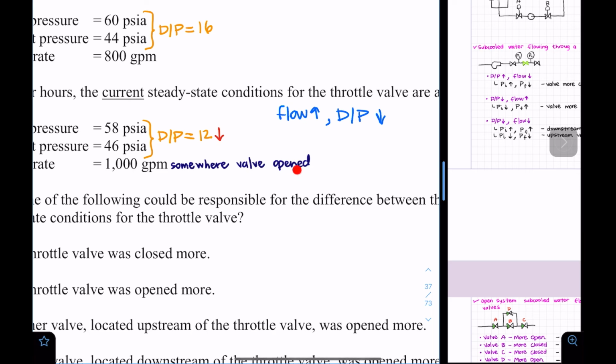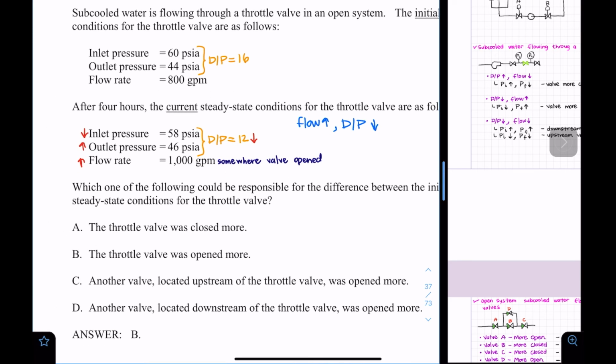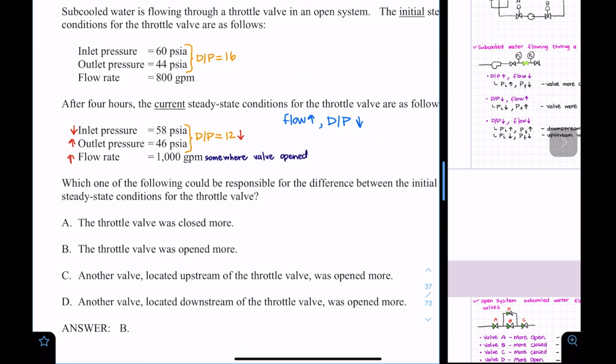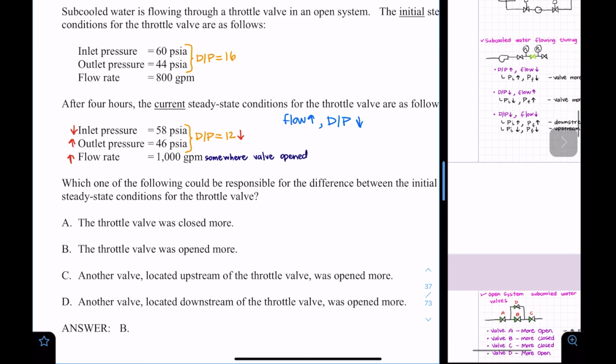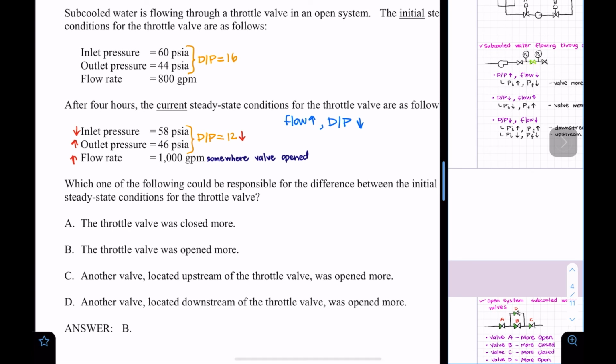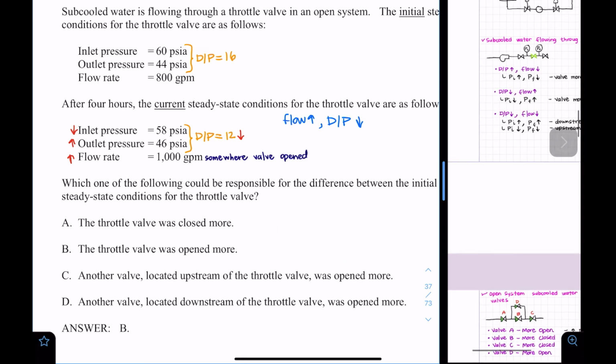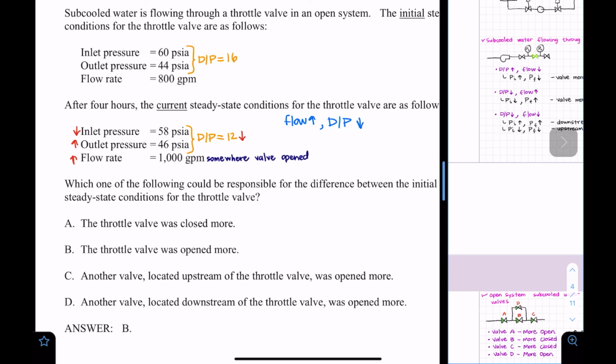So the valve that was open was the valve in the middle, right? So here says the throttle valve was open more, and yes, it's this valve in the middle, that's my throttle valve, that's the valve that I'm working on. That's gonna be this one. It was not a valve upstream or downstream, right? It was my valve that I'm trying to work on here.